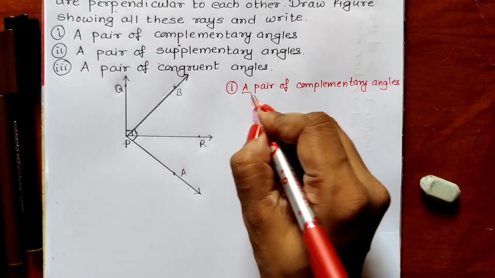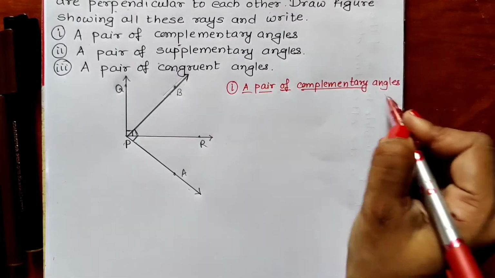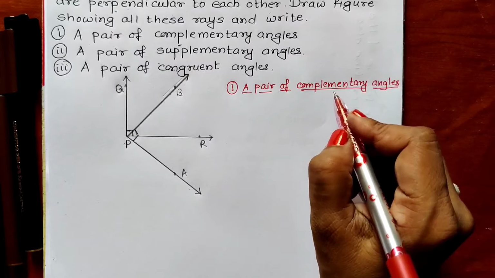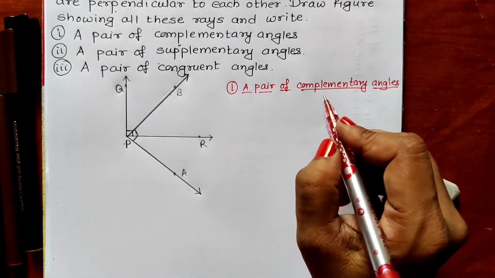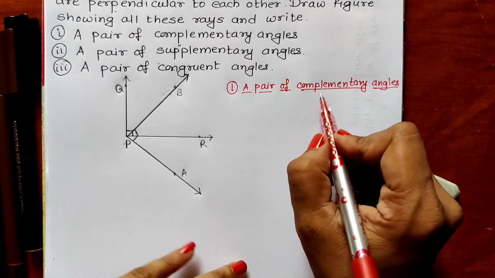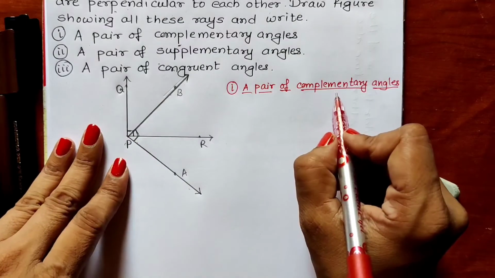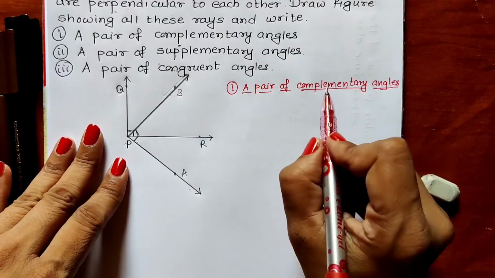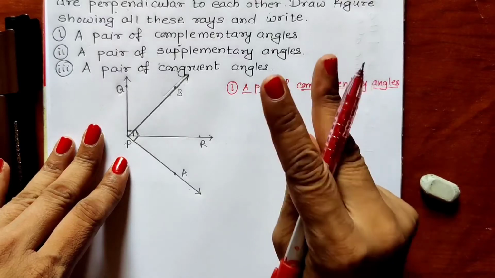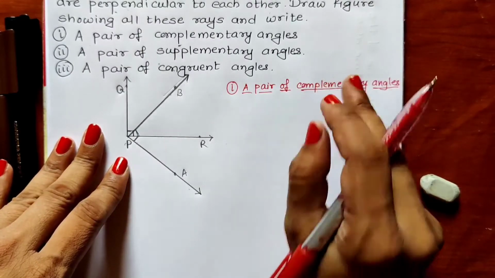For this you all should know the meaning of complementary angle. We have done it in our previous standard also. The meaning of complementary angle is that their sum should be 90 degree: any two angles whose total should be 90 degree.